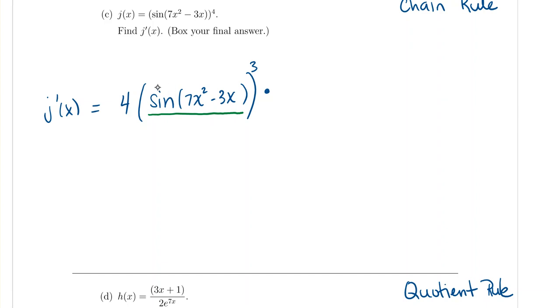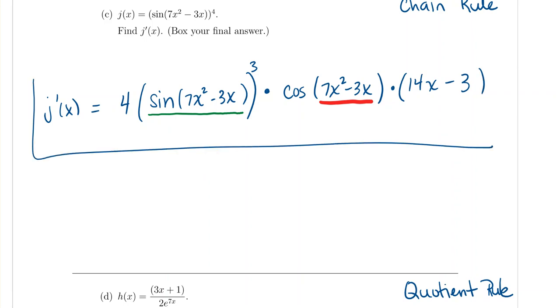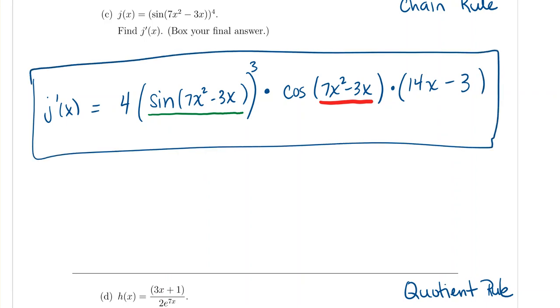So the outside function is sine, so its derivative is cosine, leaving the inside the same, all by chain rule times the derivative of the inside, where now this is the inside. So then we finish by multiplying by its derivative, 14x minus 3, and that's the derivative of j of x.